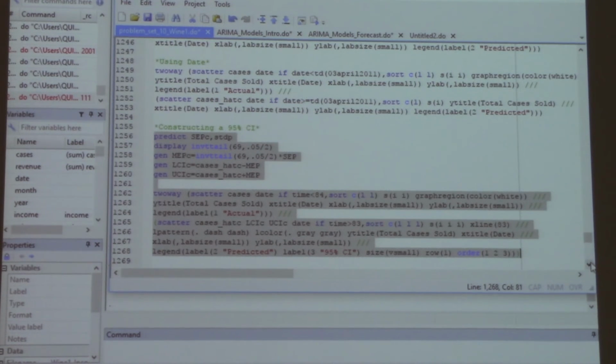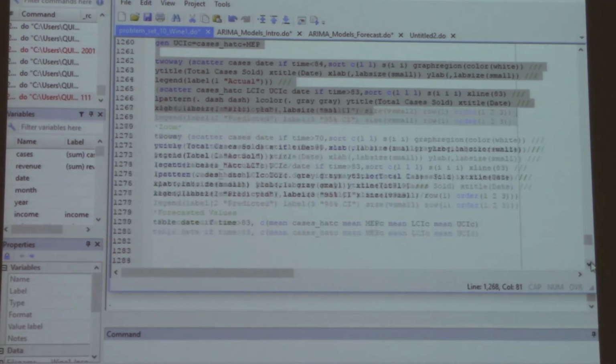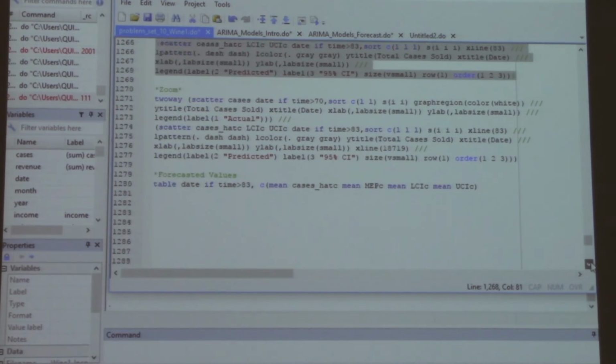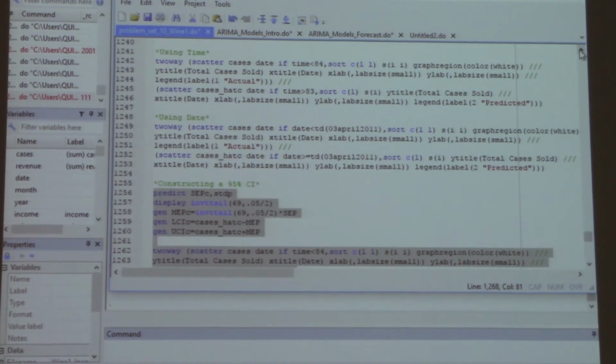I probably generated it. All right, not sure why that didn't work. Predict, post regression.